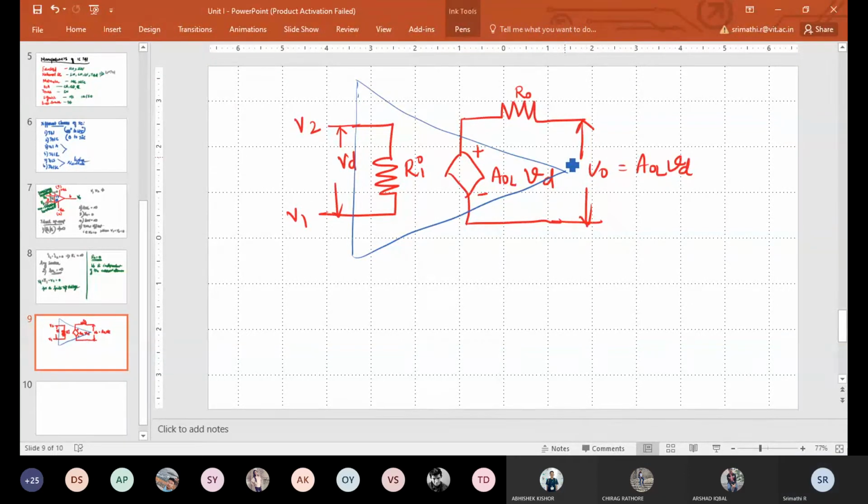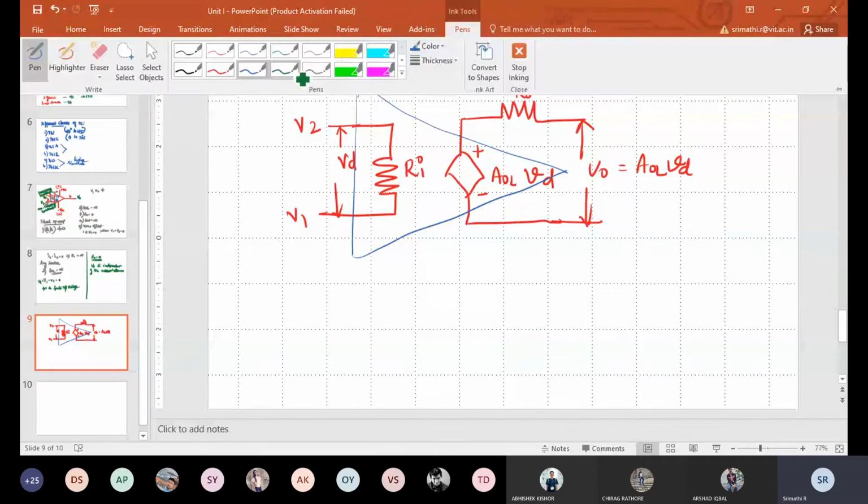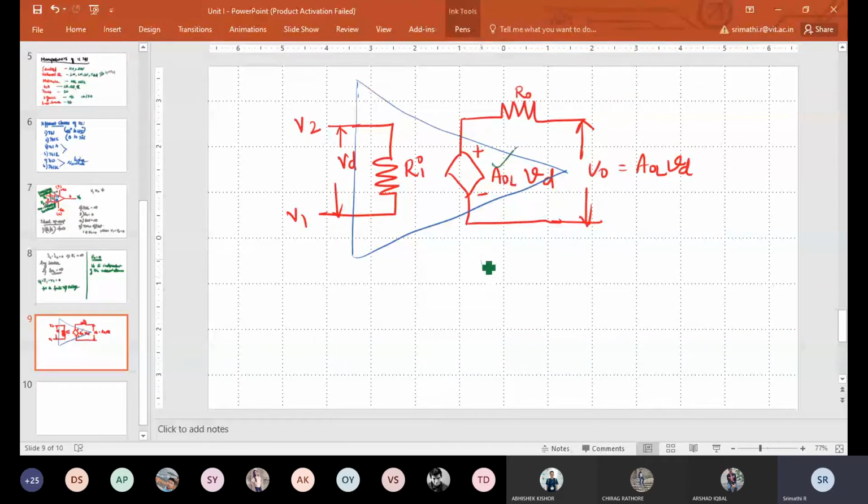You have a voltage controlled voltage source, AOL into Vd. This and all you would have read in your network theory.